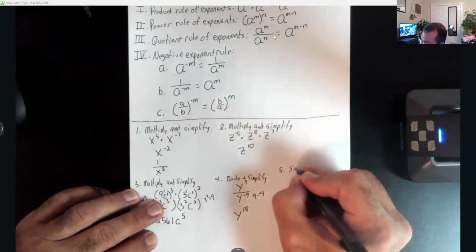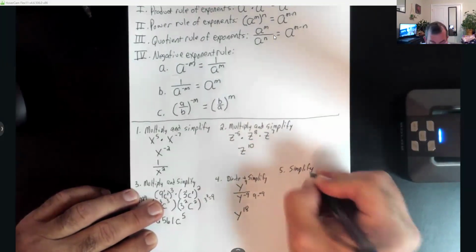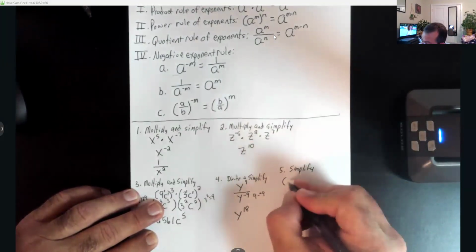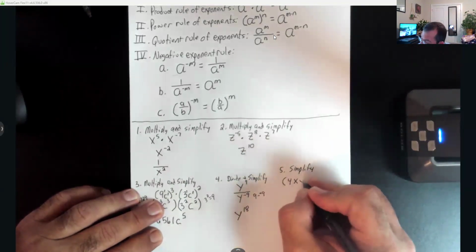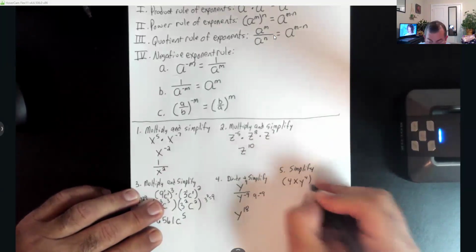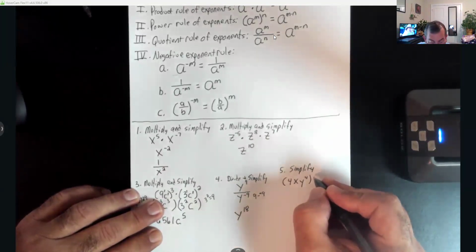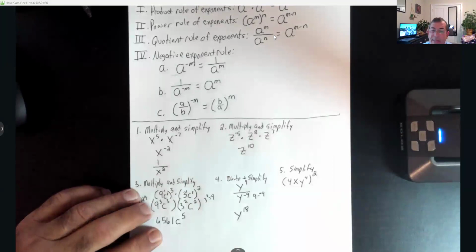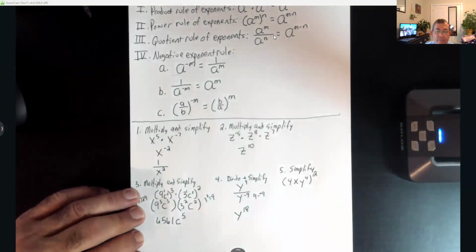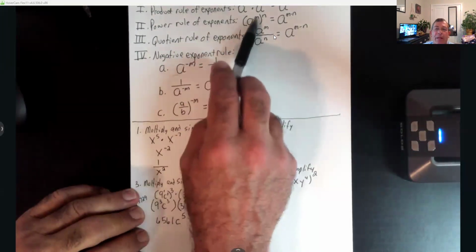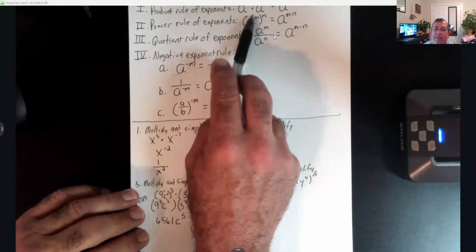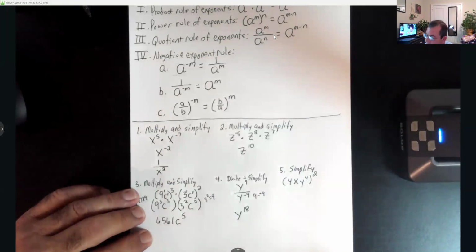All right, y'all, number 5, simplify. They got 4x y to the 4th, all raised to the 2nd power. So basically, it's going back to that power rule again. You got a lot of stuff inside parentheses raised to an exponent.